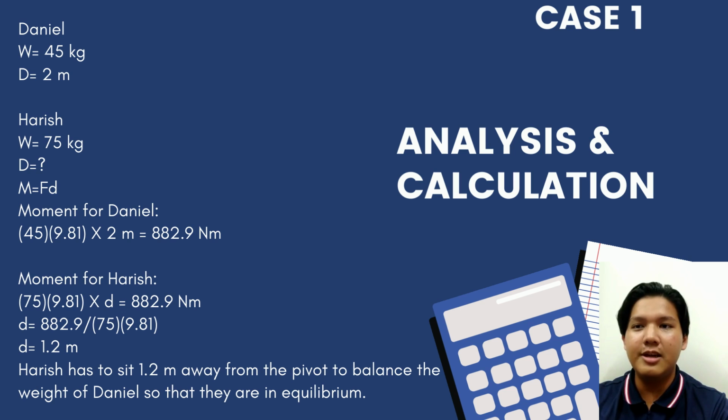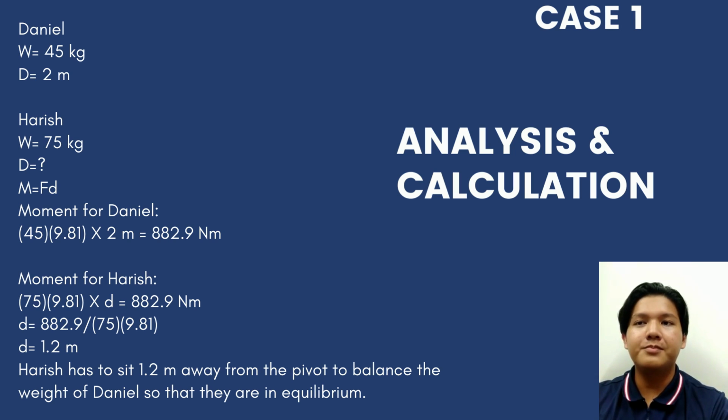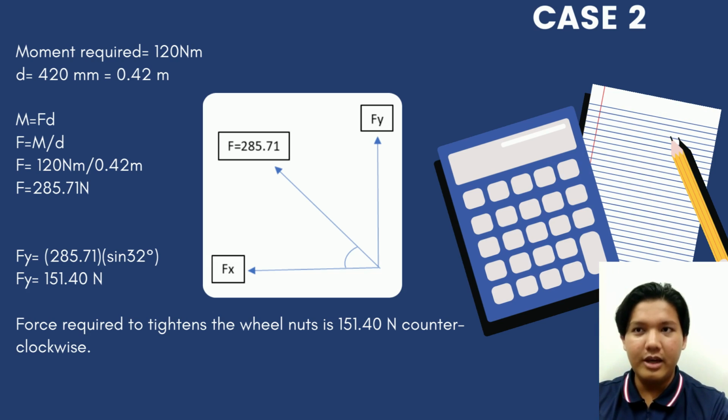So Harish has to sit 1.2 meters away from the pivot to balance the weight of Daniel so that they are in equilibrium. In case 2, the moment required for tightening the nut is 120 Newton meter, and the distance of the bolt tightener is 420 millimeter, which equals 0.42 meters.